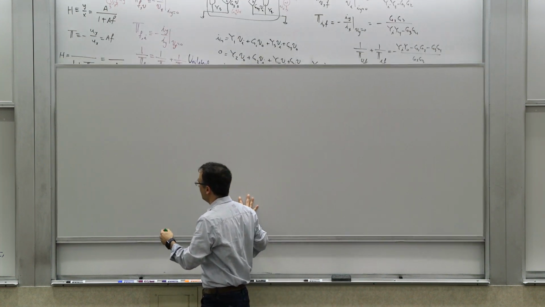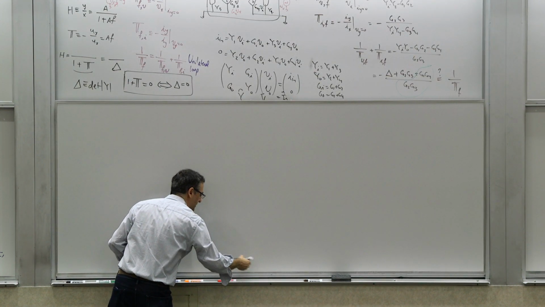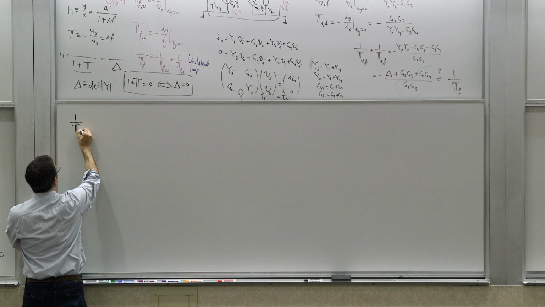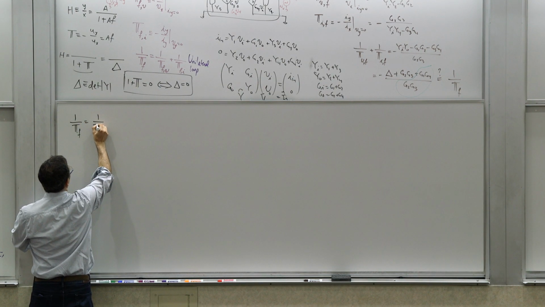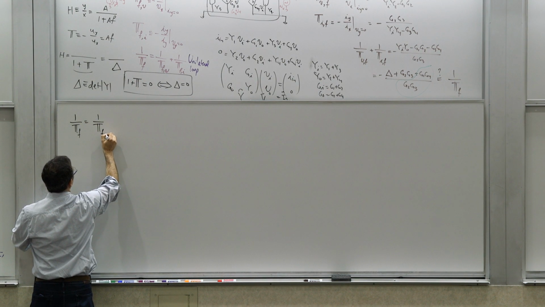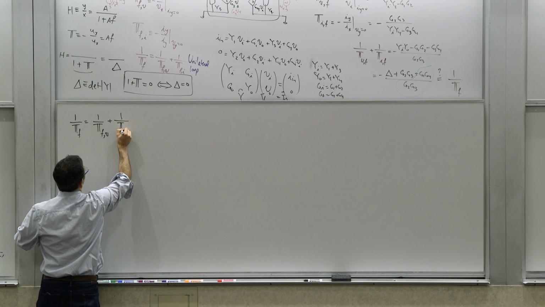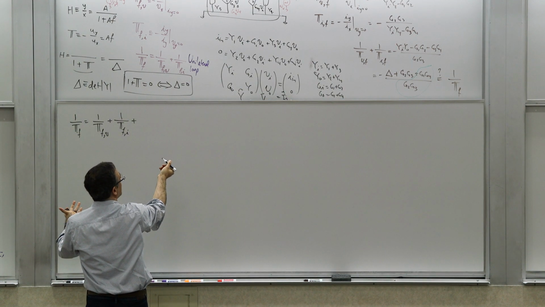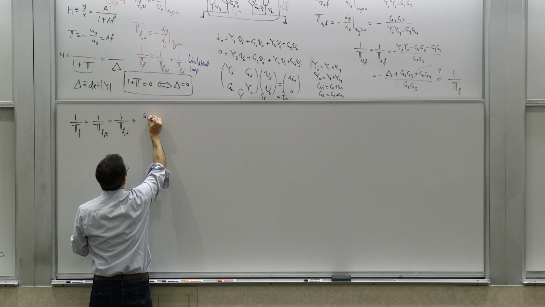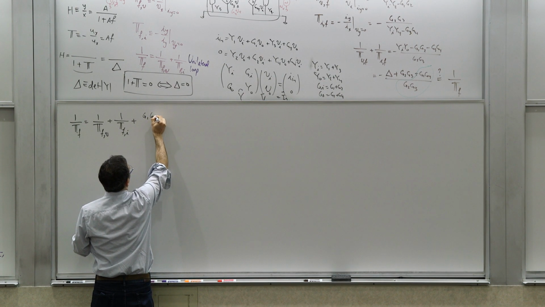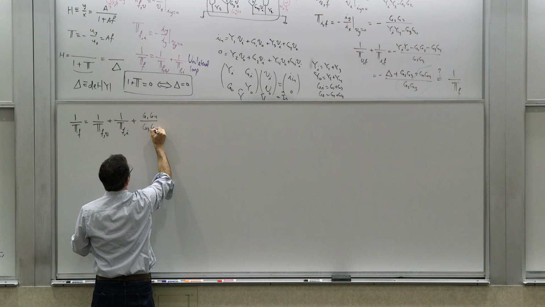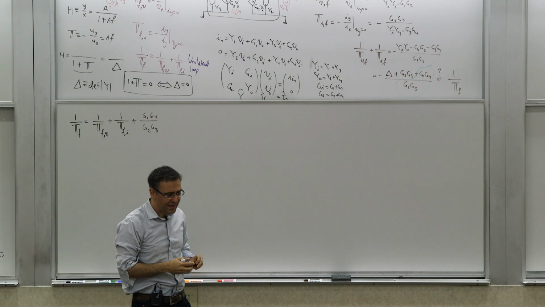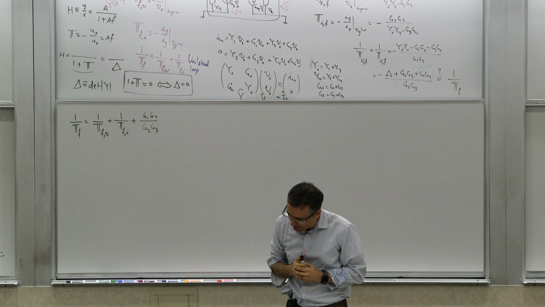So my overall forward loop gain is 1 over the forward voltage loop gain and 1 over the forward current loop gain, plus this other term that I have to find. If I add this G1 G4 over G2 G3, then that's the correction factor. That's what I need to add.